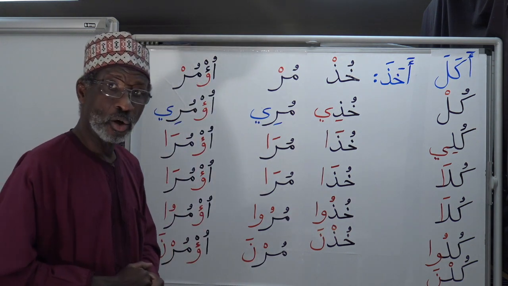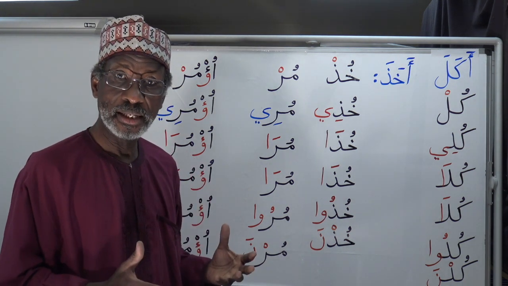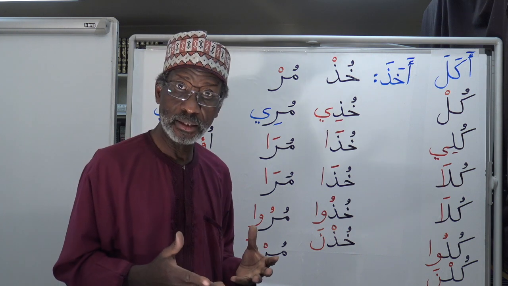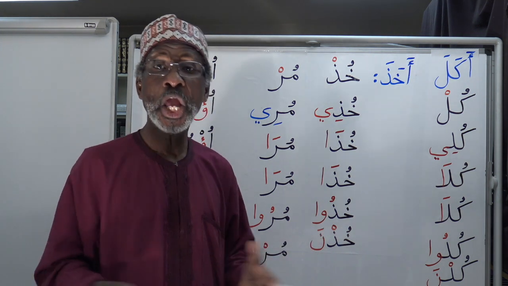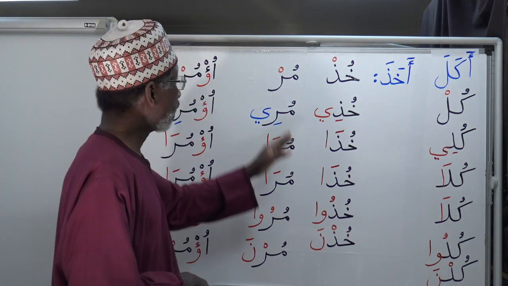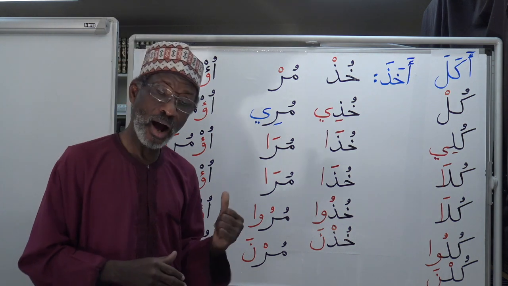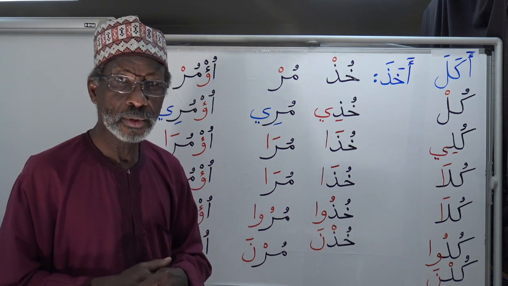The third of these three verbs is amara, the verb to command. Amara, again, in terms of the past tense and present tense, you conjugate it in a normal way. But in the imperative, you have a little bit of an additional thing going on.